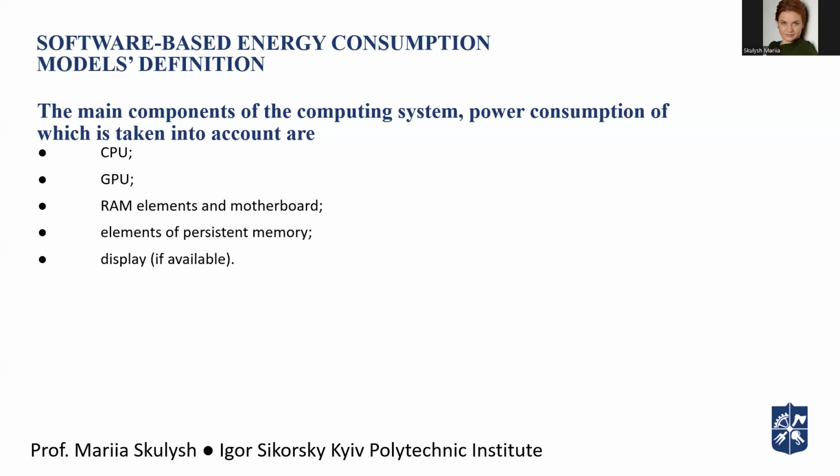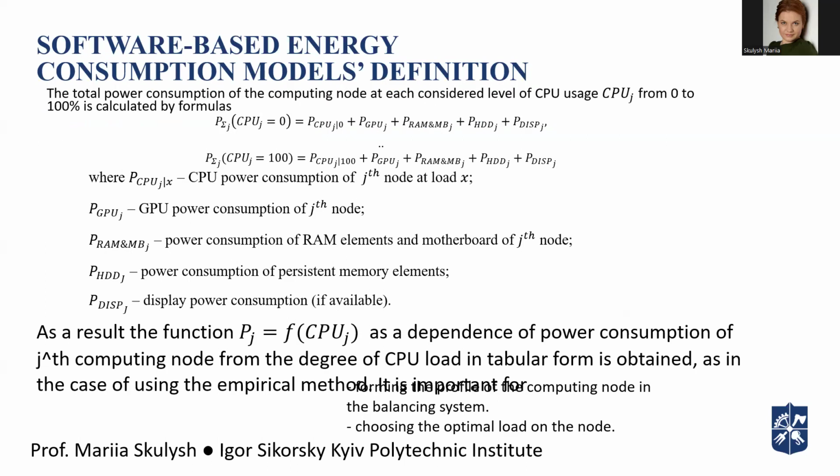It means that depending on how we organize the computational processes of balancing the requests, we can reduce the energy consumption by more than 30%. And the main idea is to turn off the nodes which are not used.